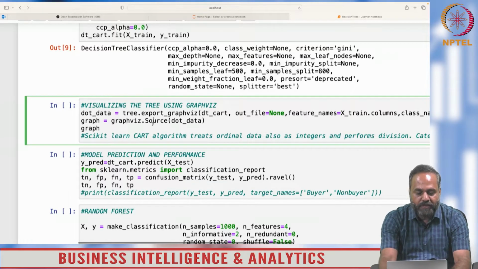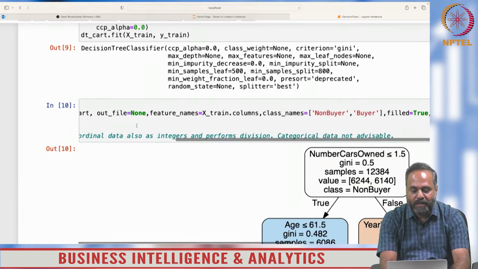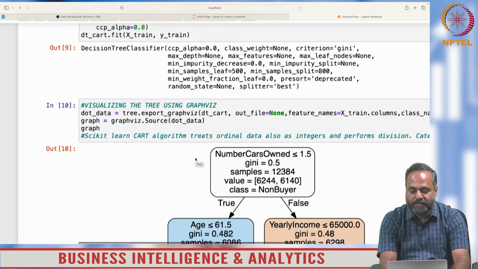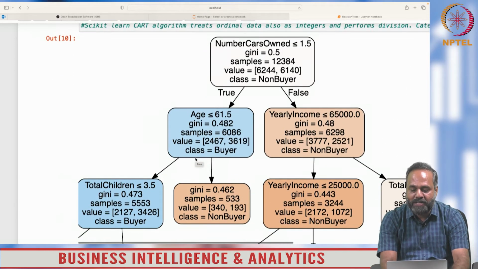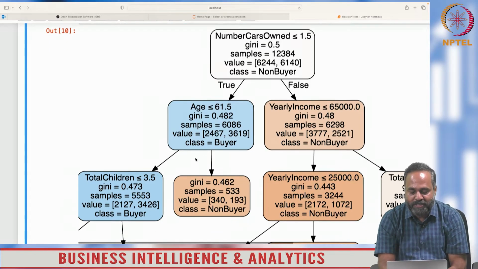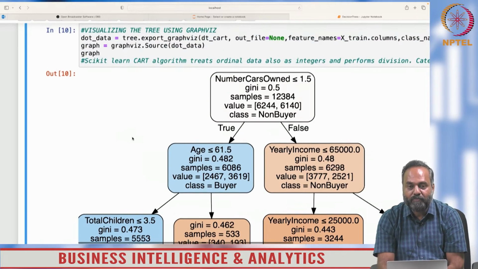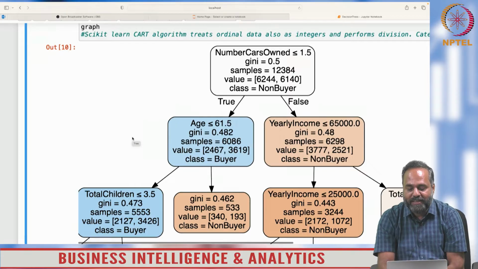The graph is basically for a good, colorful visualization of the tree, and it looks very nice. That is the only reason why I use it, because many of the other visualizations are very dry, but it has problems also. What you see here is the tree, and it is all binary splits.